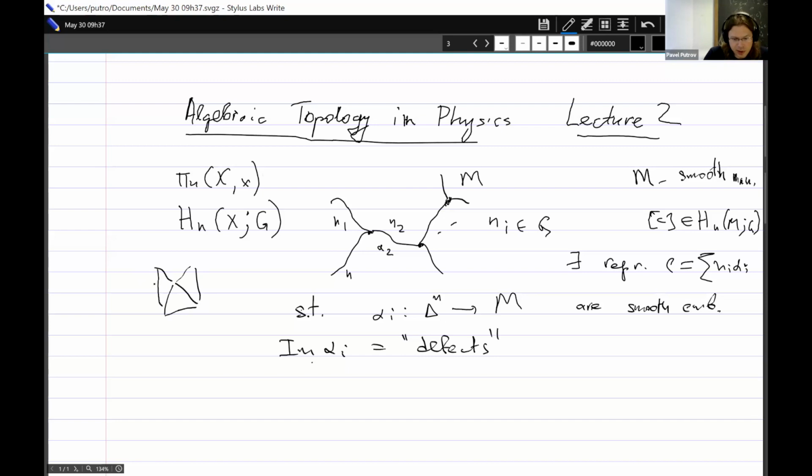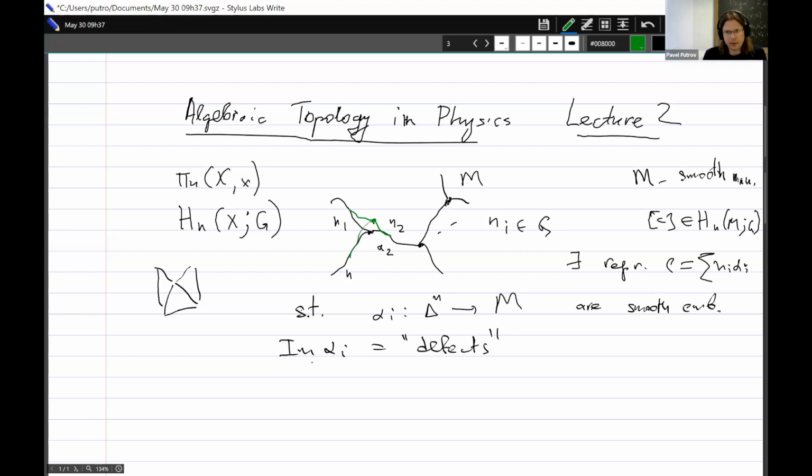Not really. Here we are not using any triangulation, but of course, if you use a fixed triangulation of M, then we can always choose the alpha_i to be part of this triangulation. That's true, but at the moment we don't fix any triangulation. Because we don't fix a triangulation, we can talk about deformation of defects, as we talked about last lecture.